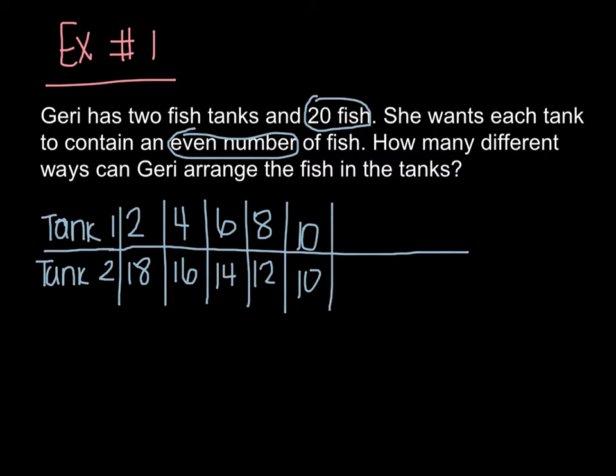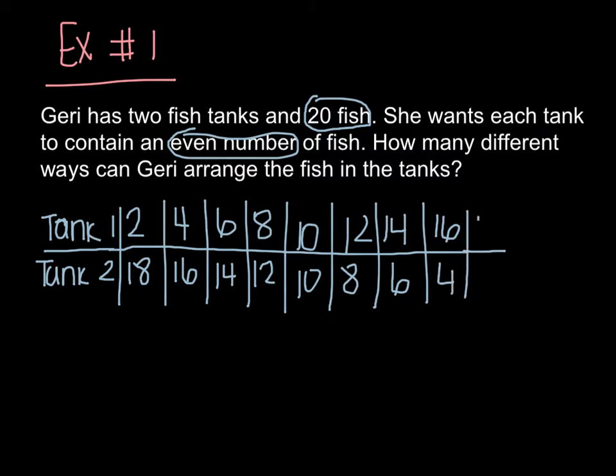And then she could have 12 in the first tank and 8 in the second one, 14 in the first tank and 6 in the second one, 16 in the first tank and 4 in the second one, and then 18 in the first tank and 2 in the second one.